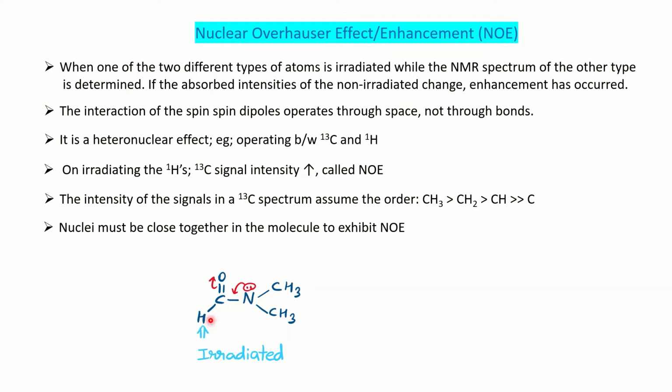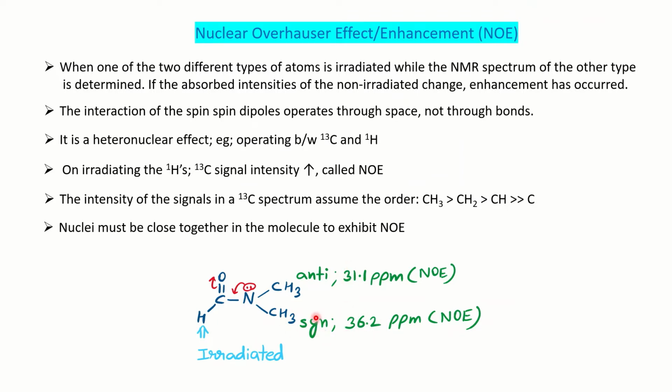So let's see, we are irradiating the aldehydic proton, and we will see the effect of this irradiation on the carbon signal of the methyl. We observed that for the methyl group anti to the aldehydic proton, the NOE occurred around 31.1 ppm, while for the methyl group syn to the aldehydic hydrogen, the NOE occurred at 36.2.